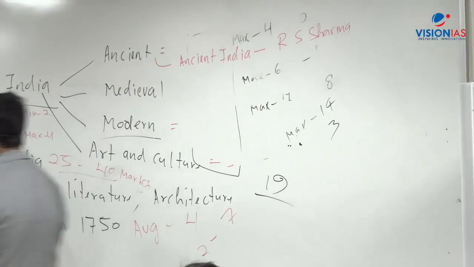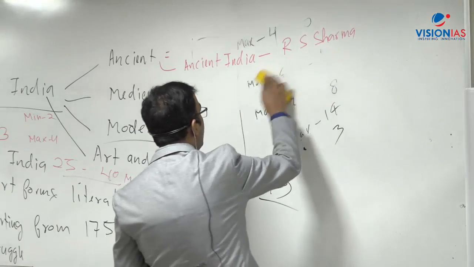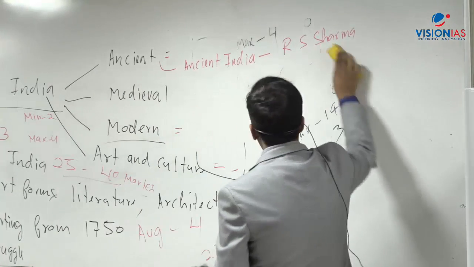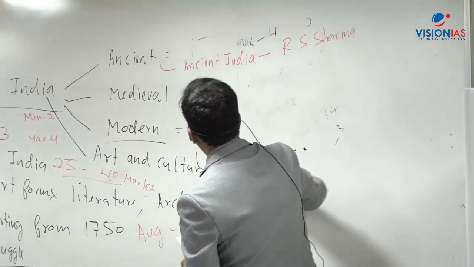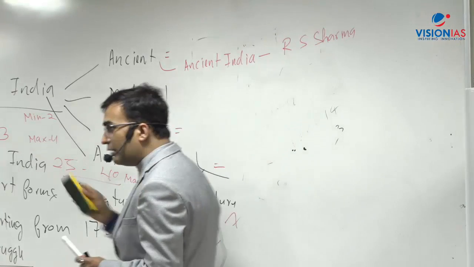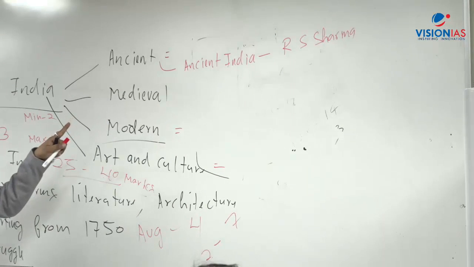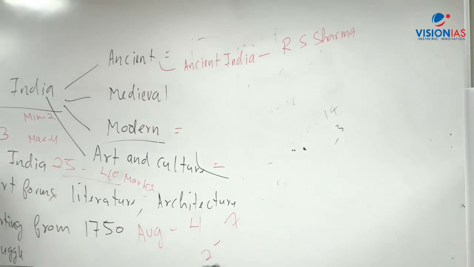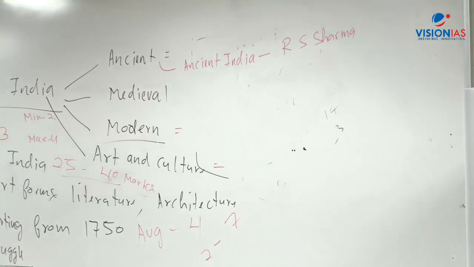So for ancient, I will recommend you this NCERT by R.S. Sharma. This was the class 11th NCERT, an old NCERT, and right now it is not released by the NCERT, but Orient BlackSwan publication also releases the same book. Whichever publication it is, it is the same version of the NCERT. So you can go with this book, NCERT Ancient India by R.S. Sharma.